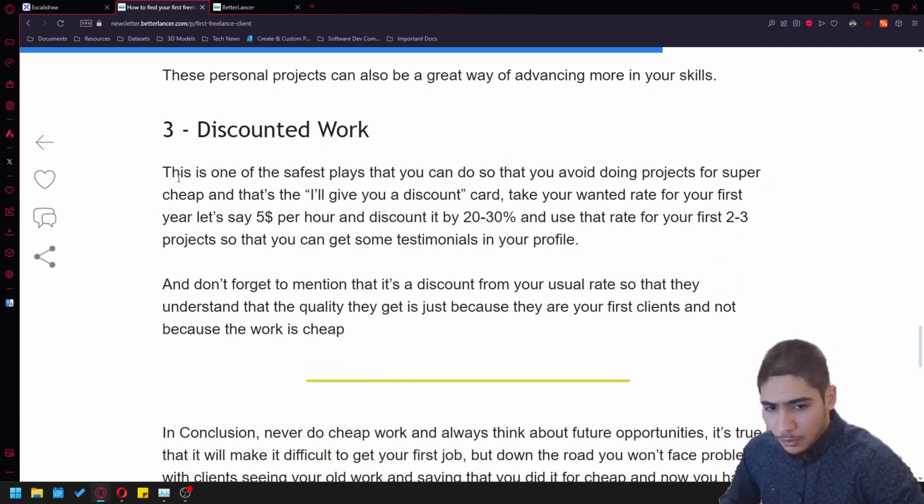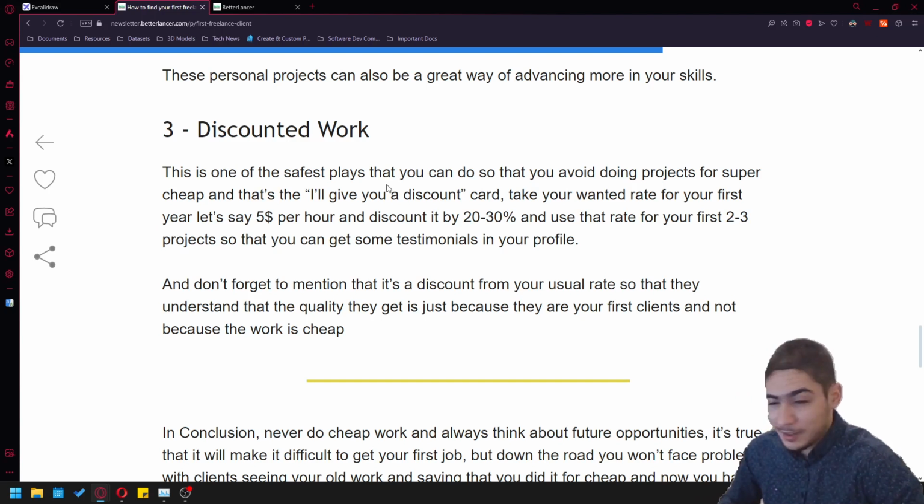Just say, "I'm gonna give you a 20% discount, a 30% discount," but please do not go below that, and please do not destroy the reputation of your market. Let's say you're a web developer. Don't do work for like $5 or something. Please don't. Have some dignity at least.